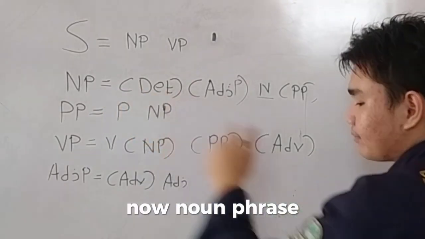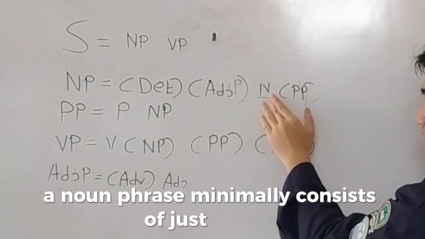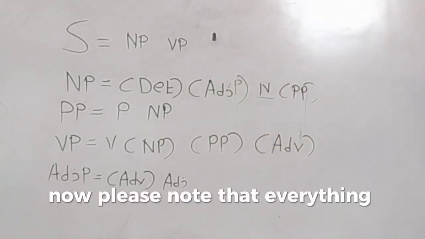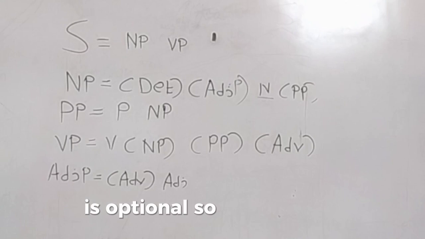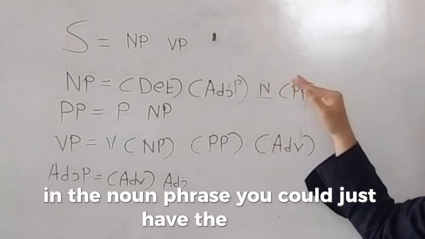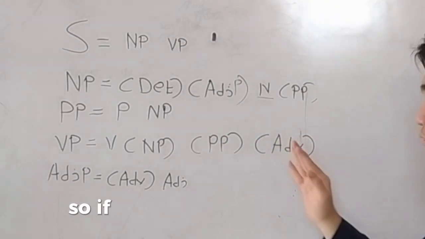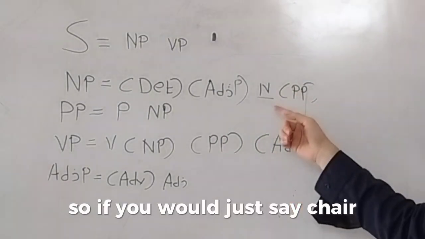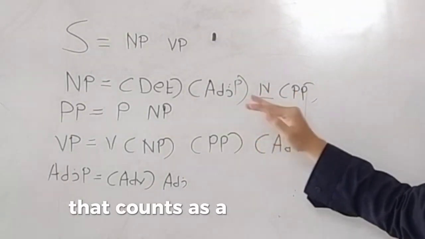Now, a noun phrase. A noun phrase minimally consists of just a noun. Now, please note that everything in the parentheses is optional. So, for example, in the noun phrase, you could just have the noun and that counts as a noun phrase. So, if you would just say chair, maybe a house, or maybe a window, that counts as a noun phrase.